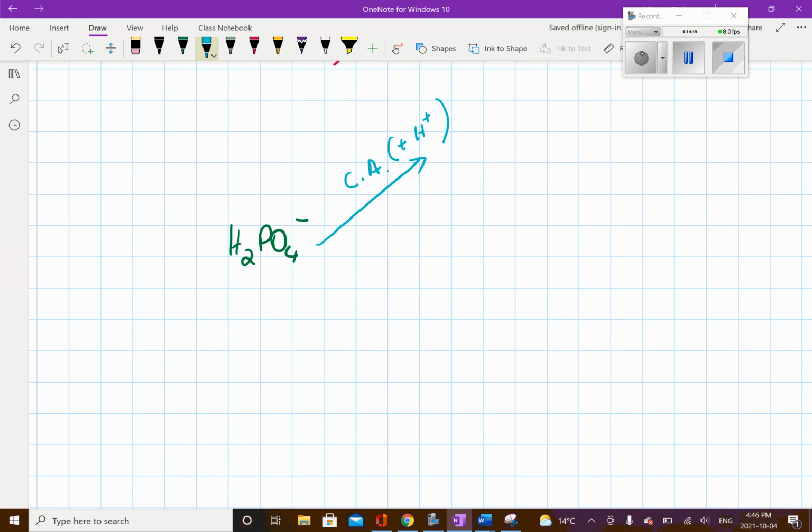By adding a hydrogen plus, this becomes H3PO4, because minus 1 plus 1 gives a neutral H3PO4. And when we are looking for the conjugate base, we take away a hydrogen plus. By taking away a hydrogen plus, we are left with HPO4 2 minus.